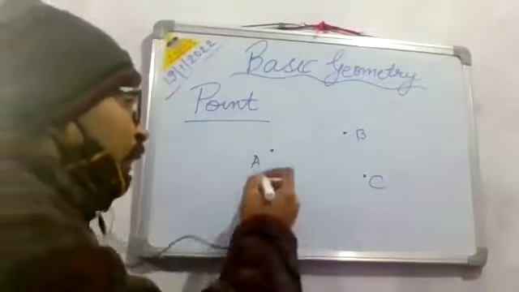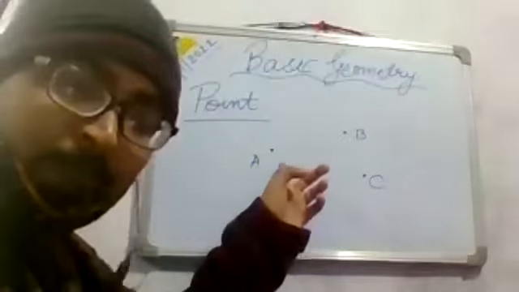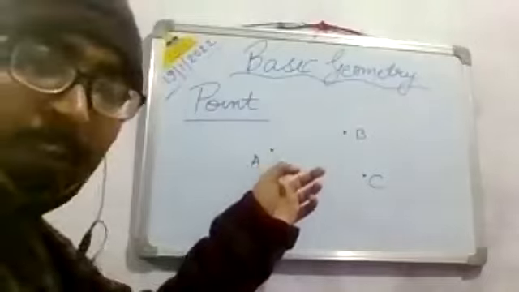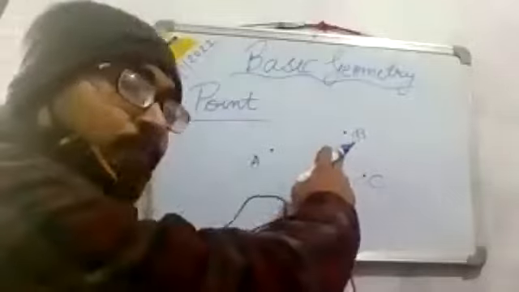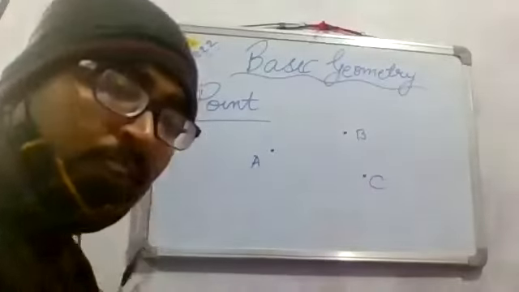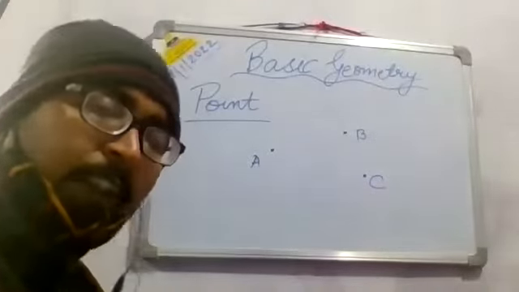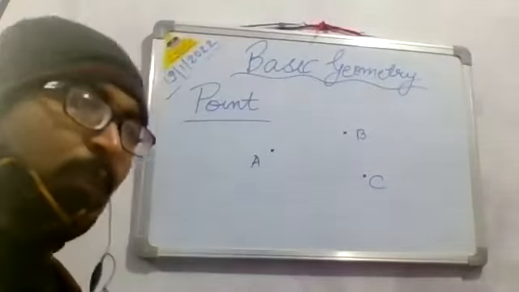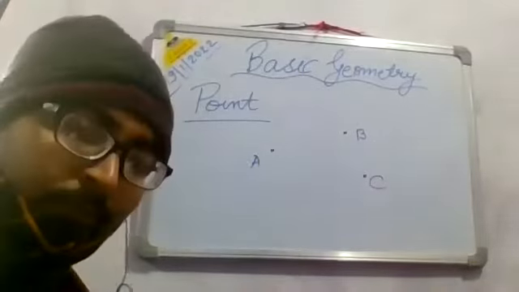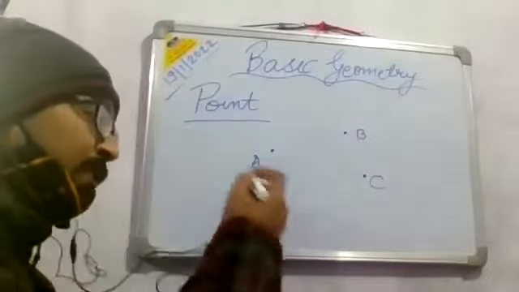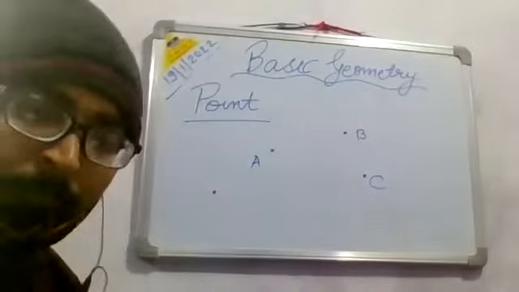This dot A is denoting the first location, this is denoting the second location, and this is denoting another location. So we can say that a point always shows a particular location. It is a dot which we can make with a pen or pencil on a plane.